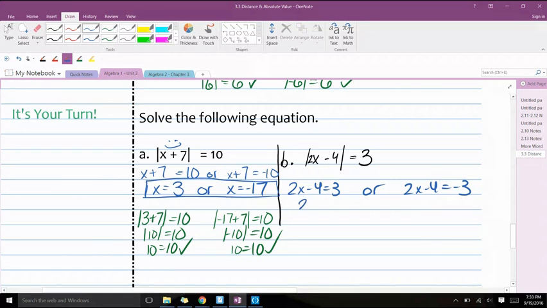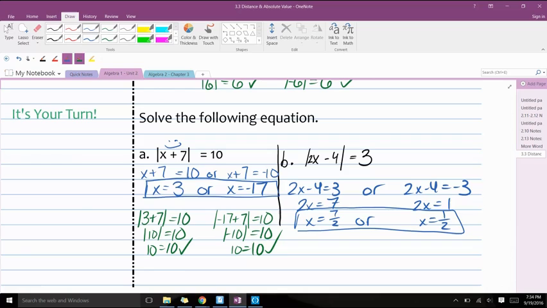So we add 4 to each side here, and we get 2x equals 7. So x equals 7 halves. Or you add it here, and you get 2x equals 1. So x equals 1 half. Okay, if you want to check just to verify, you can do 2 times 7 halves minus 4, and the absolute value should equal 3.